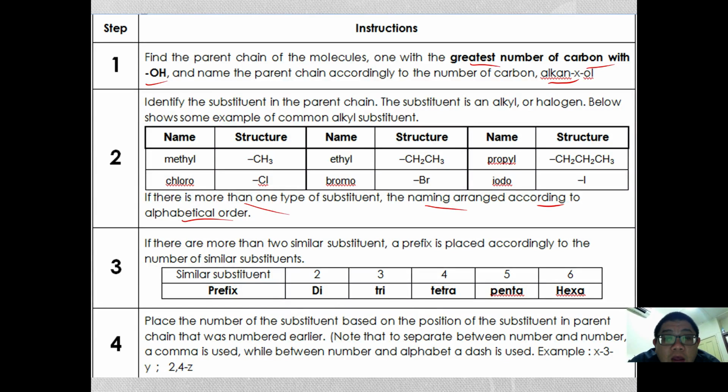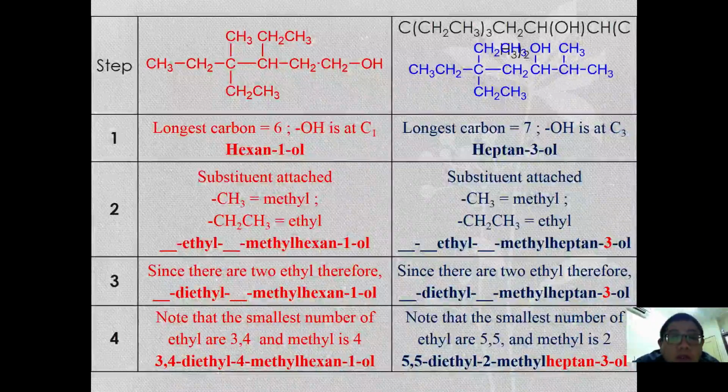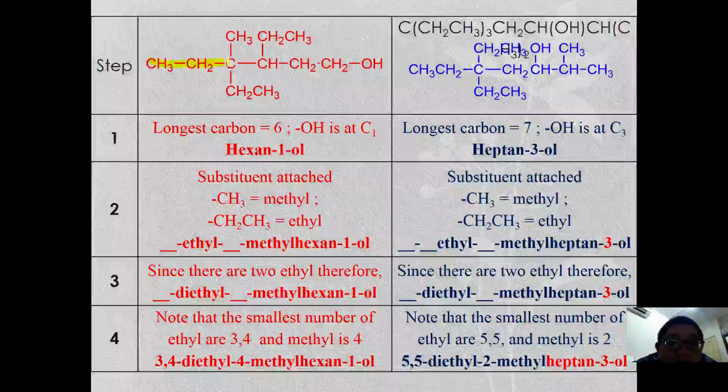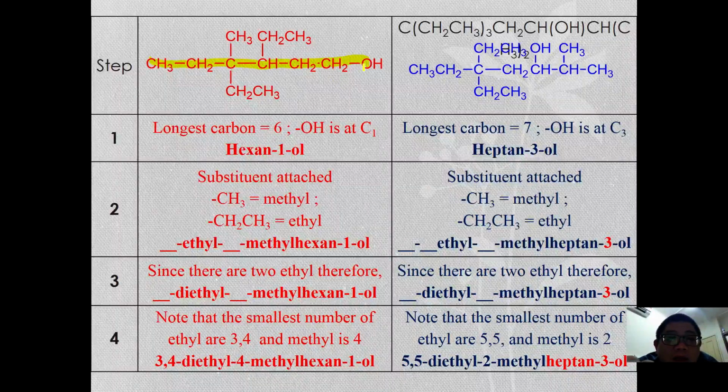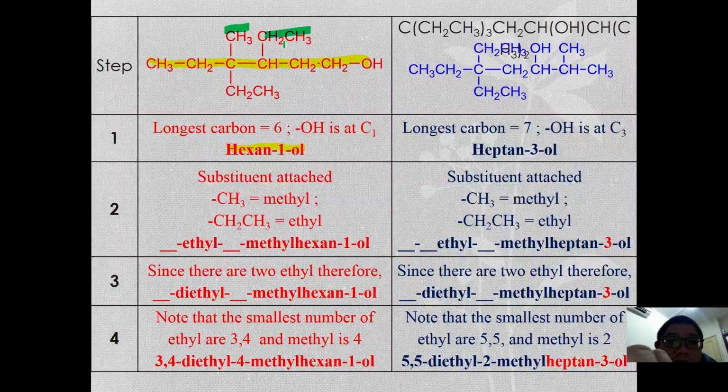Okay, so I'm going to set 2 examples for you. If you have this one, step 1 is to look for the longest parent chain with OH in it. It seems that this is the longest. Since you have 6 carbons and the OH is located at carbon number 1, therefore hexan-1-ol. Then you have this is a methyl, this is an ethyl, and this is an ethyl.